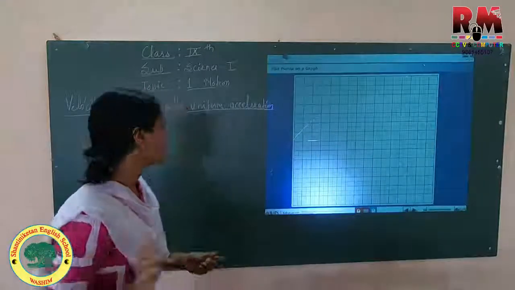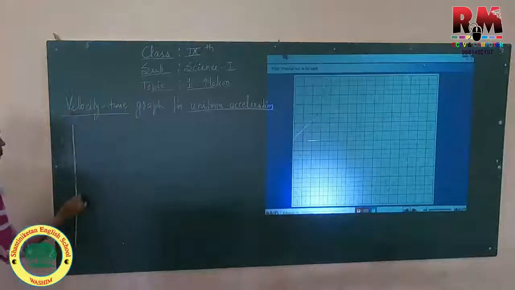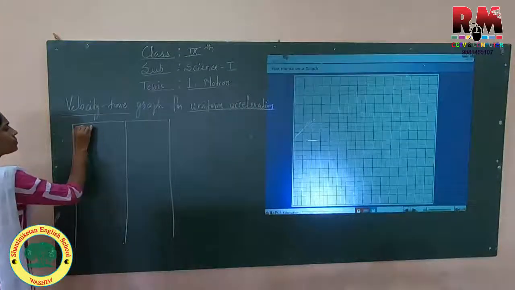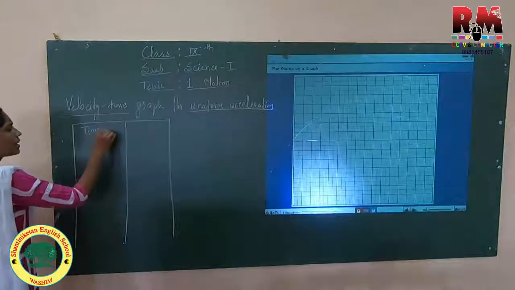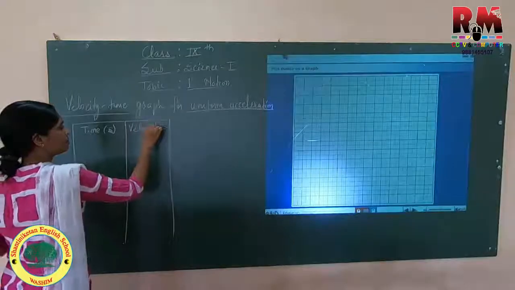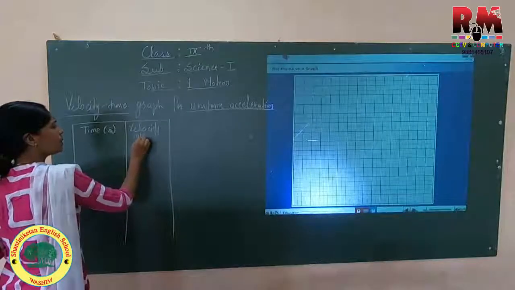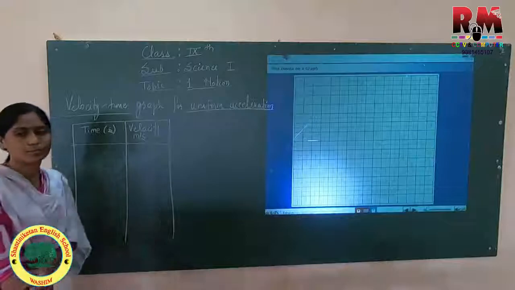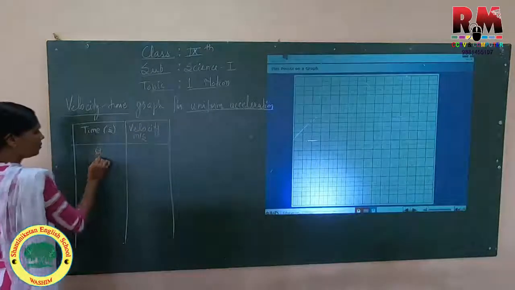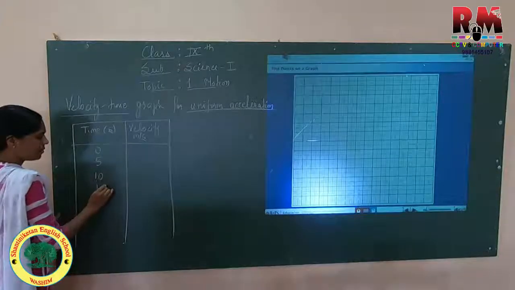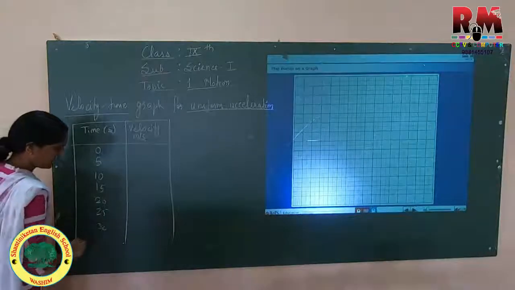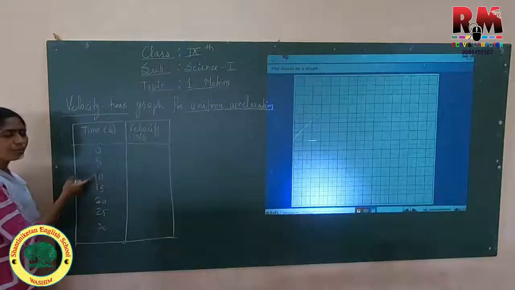Okay. So suppose this is the table given. Time in second. Velocity is given in meter per second. So 0, 5, 10, 15, 20, 25, 30. So the time interval is of 5 seconds.